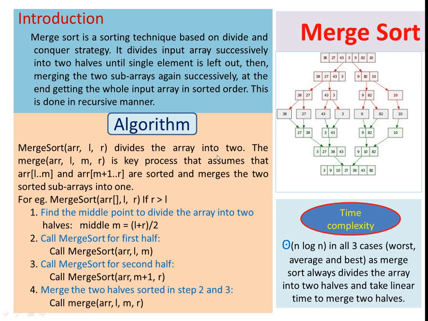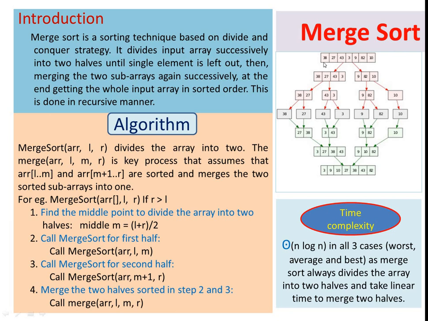Now we can see the working of this algorithm through an example. Here we have an input array containing 7 integers: 38, 27, 43, 3, 9, 82, 10.